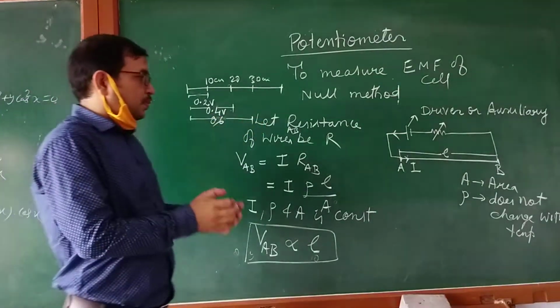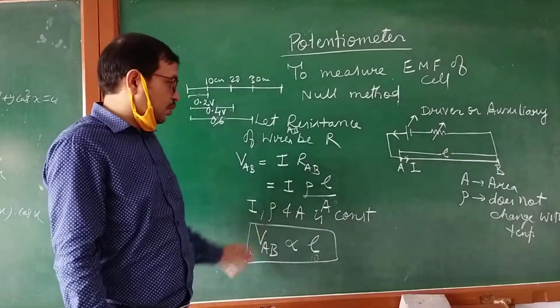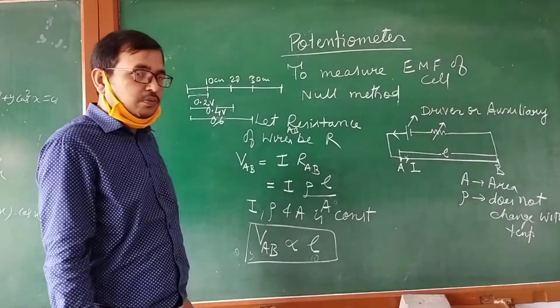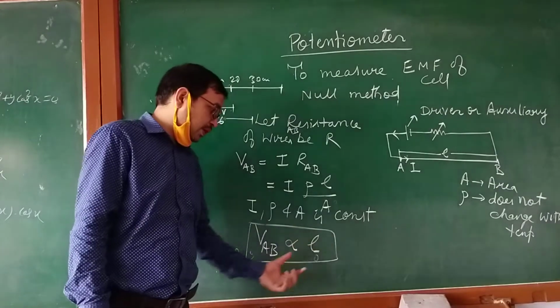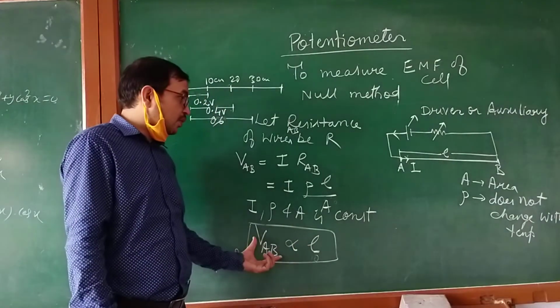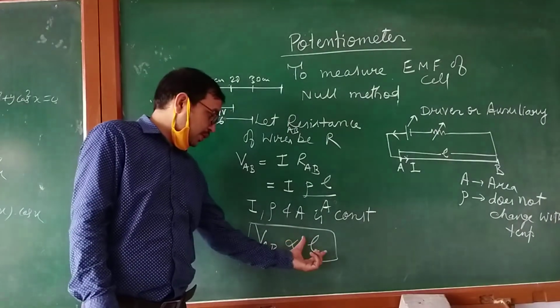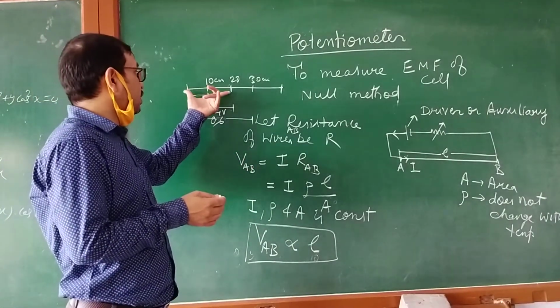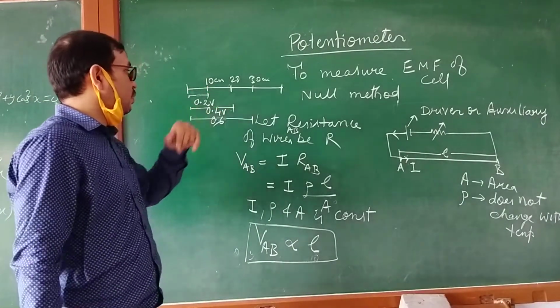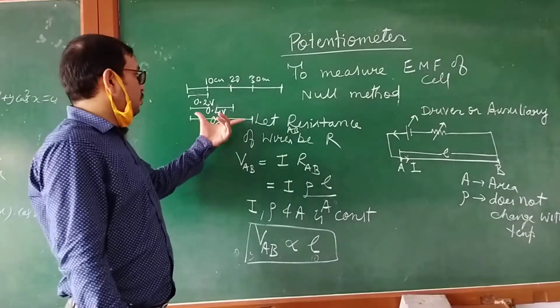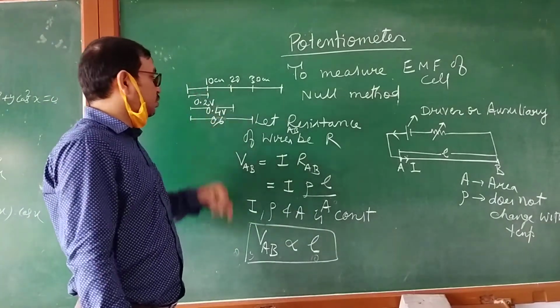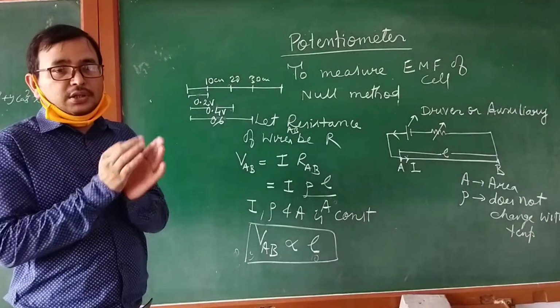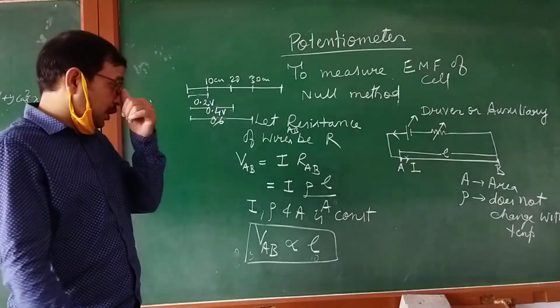So actually the potentiometer is set up because of these things: the potential drop across a length depends on the length of that section. Which section you are taking? Suppose you take 20 centimeter, then potential drop will be 0.4. If you take 30 centimeter, 0.6. According to the length, the potential drop will take place.